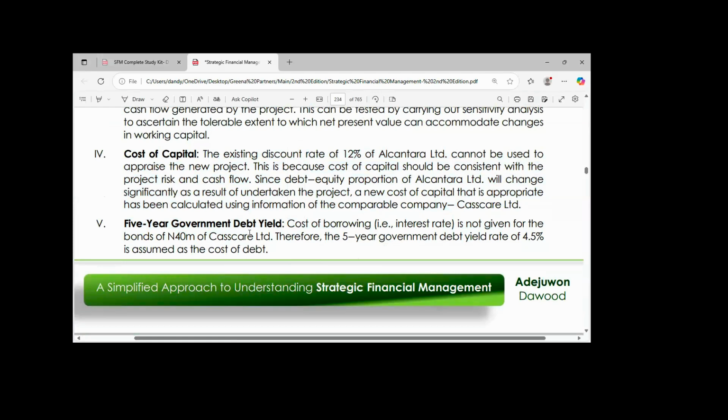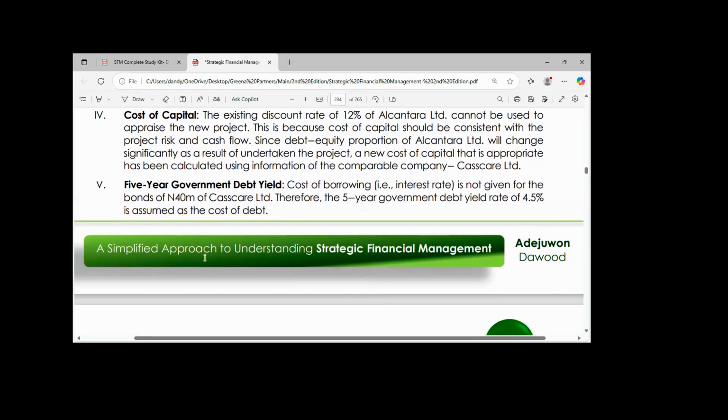So the debt of 40 million naira, the bond of 40 million naira, we are not given the interest rate on it. And we made an assumption. We assume the risk-free rate of return of 4.5% on that. So that's what I just mentioned there, that cost of borrowing, that is the interest rate, is not given for the bond of 40 million naira of Cascare Limited. Therefore, the 5-year government debt yield rate of 4.5% is assumed as the cost of debt.